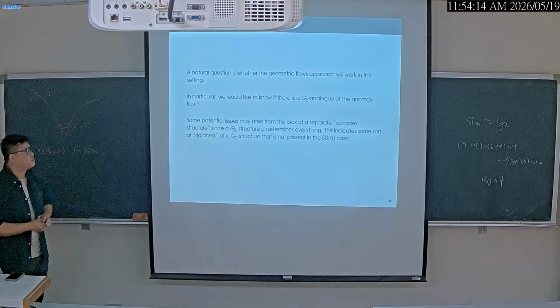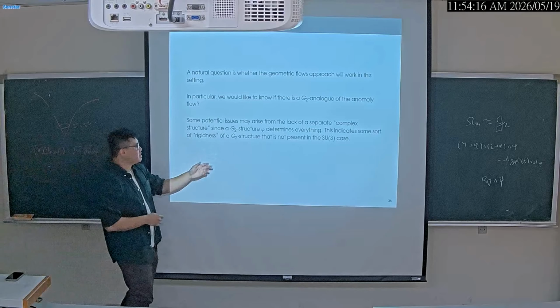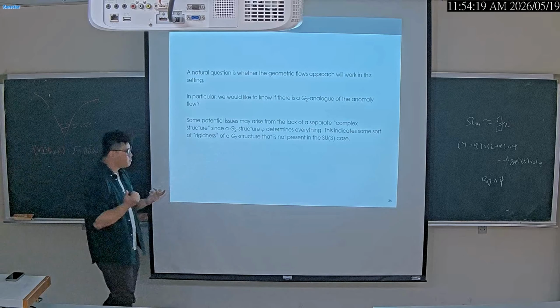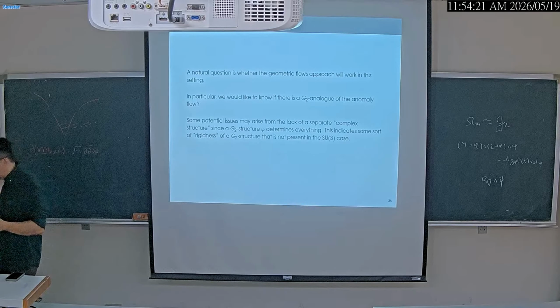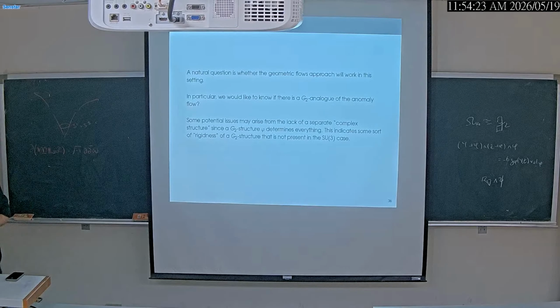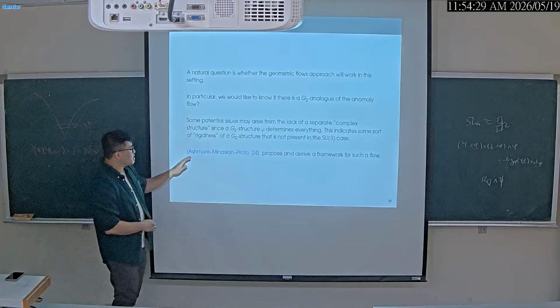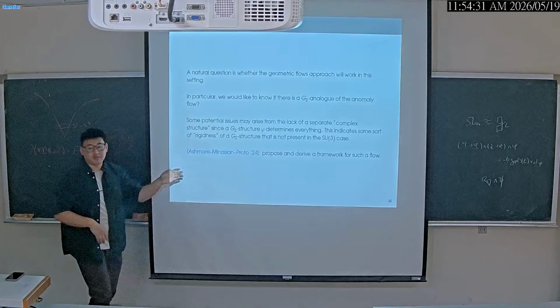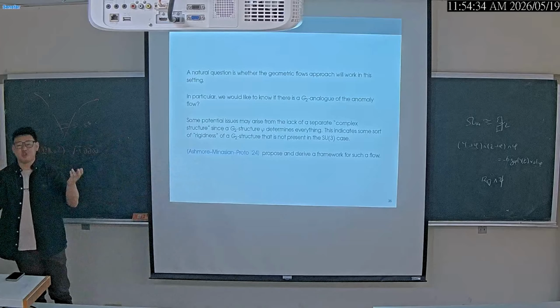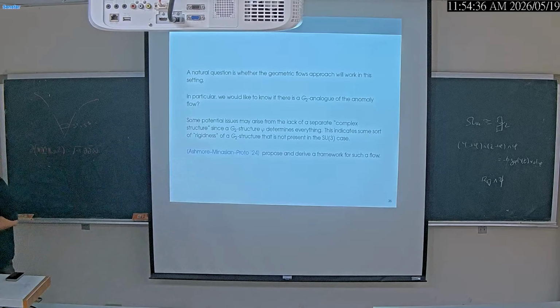You can't decouple it. Phi determines everything. It determines the metric. It determines the cross product. So this is some potential issue that could show up, but either way, we can still try and continue. Ashmore, Minasian, and Strickland-Constable have proposed and derived a framework for how anomaly flow should look essentially. And this is the lead that we'll try and follow.